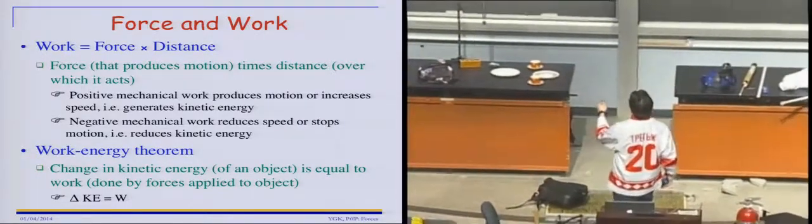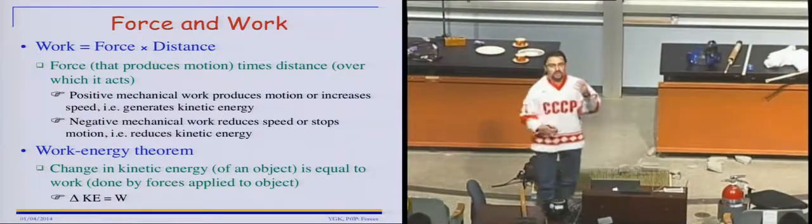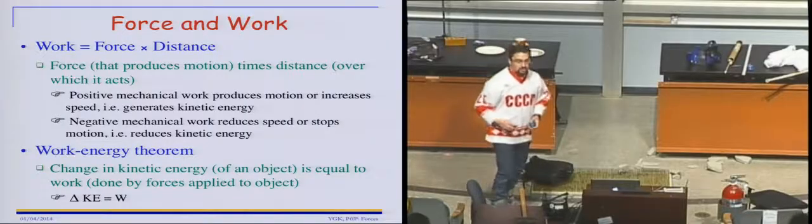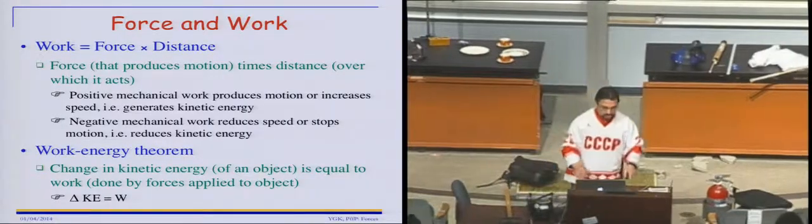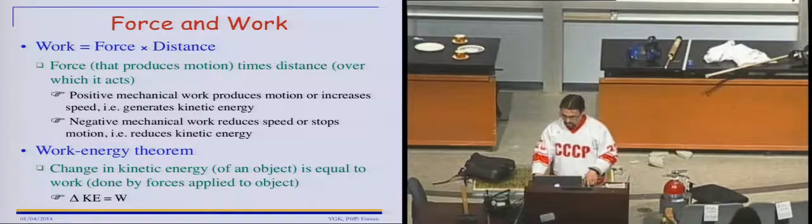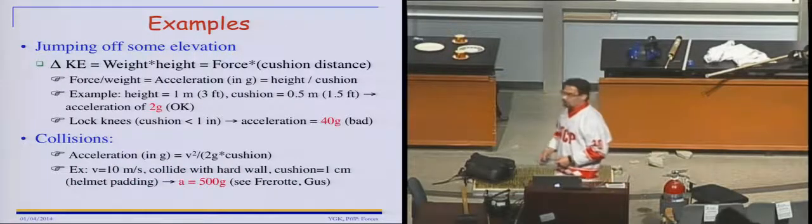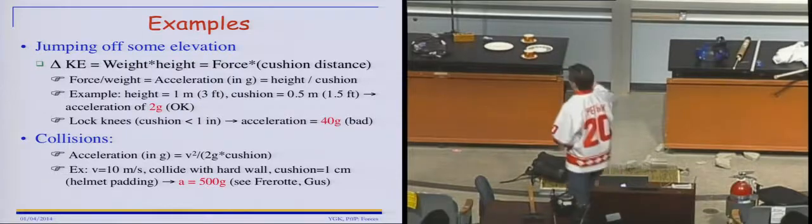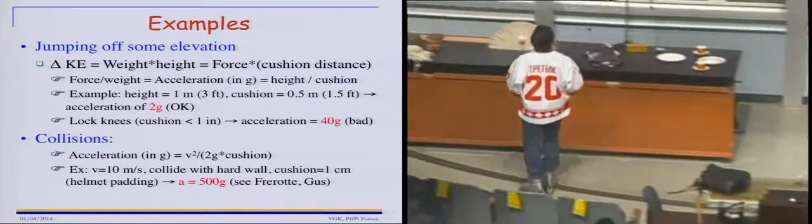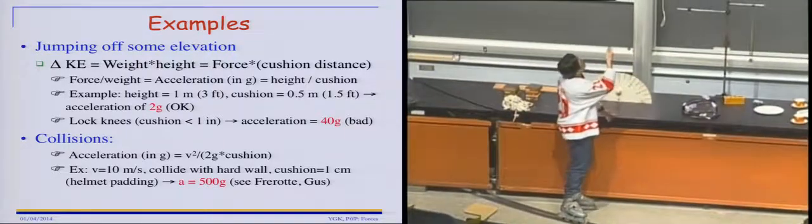And this work energy theorem relates the two. It says that the change in kinetic energy is always equal to the amount of work. So let me again give you a couple of numerical examples. For example, if you are jumping off some elevation, the force applied is your weight.